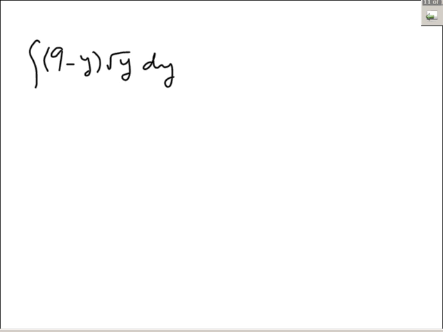Now, there's two things that you can call u. That's somewhat immediate. You can let u be 9 minus y, or you can let u be the square root of y, that is y to the half.